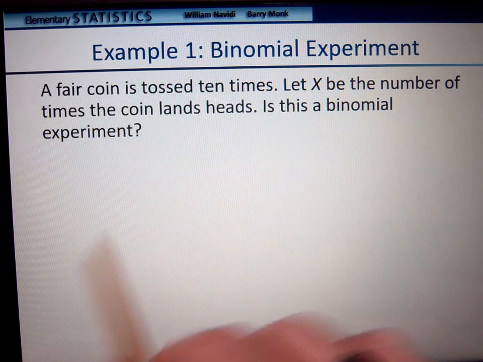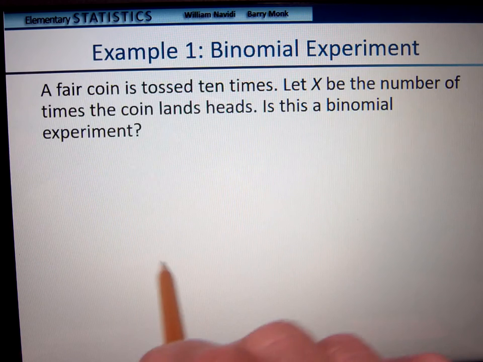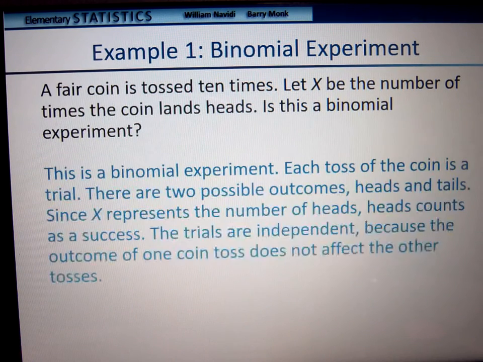So it looks like this may be a binomial experiment. Let's take a look. It is. Each toss is a trial. There are 2 possible outcomes, heads or tails. X represents the number of heads. Heads count as a success. The trials are independent because the outcome of one coin toss does not affect the outcome of the other.